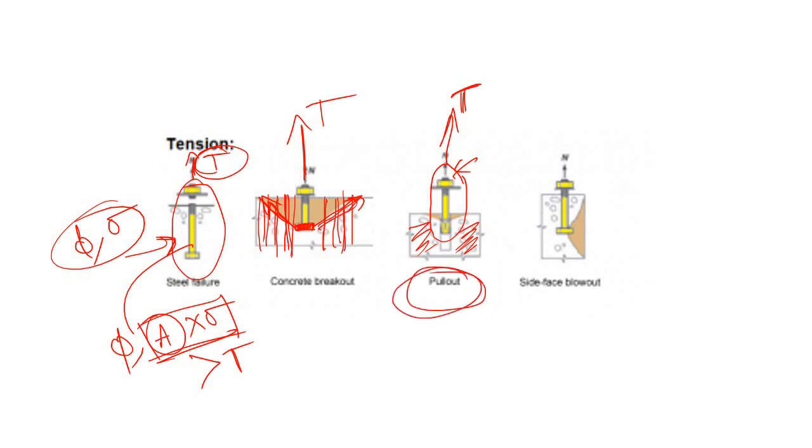You have to increase the bonding between the bolt and the concrete, because if this is the concrete block and let's say this is the reinforcement and you are trying to pull it out, there will be some frictional resistance. So if you increase this frictional resistance, your pull out will be resisted.